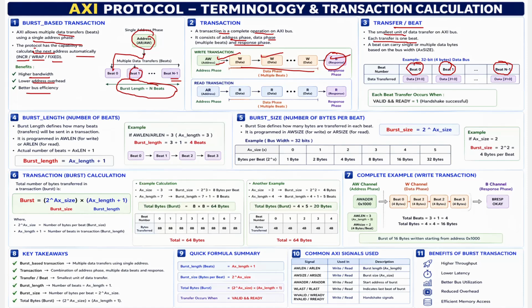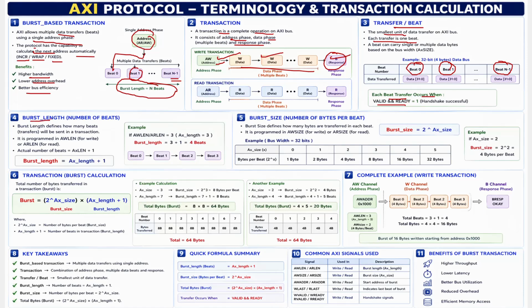Transaction means for one person you are sending multiple data, that is one transaction. One data you are sending is one transfer. Each beat transfer can occur when the valid and ready signals are 1. Based on that only we are sending the data from master to slave or slave to master.